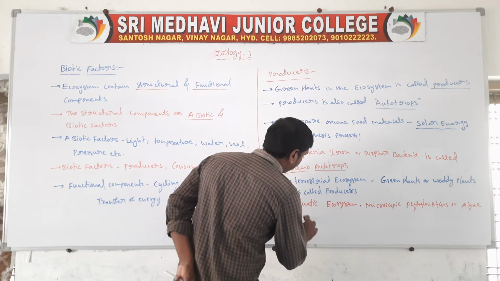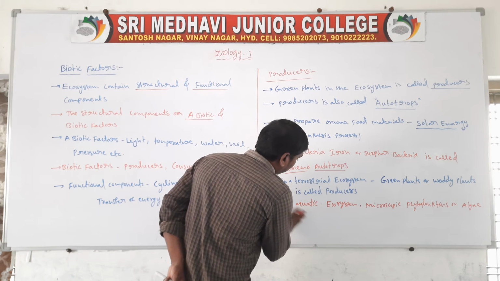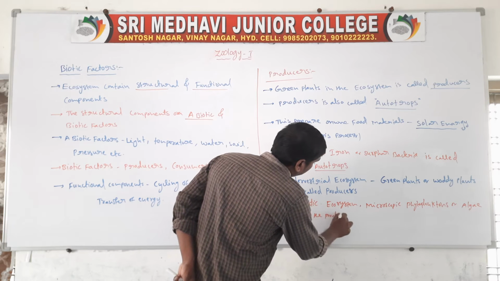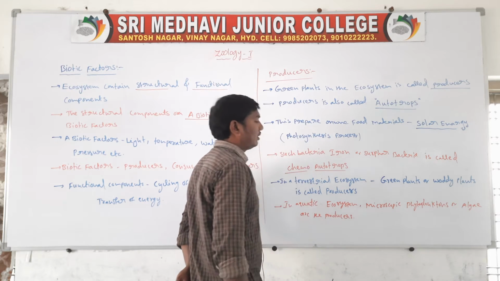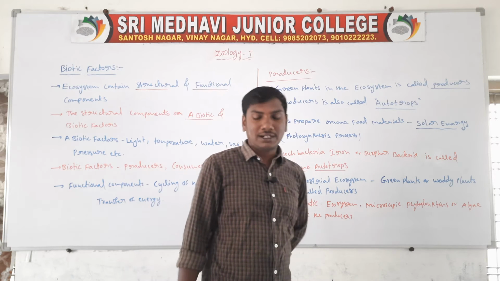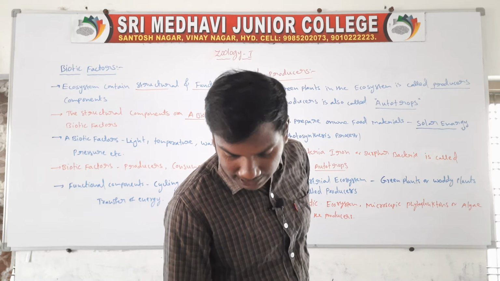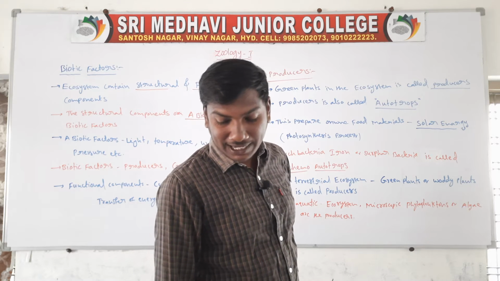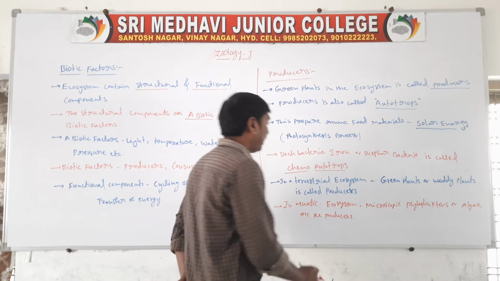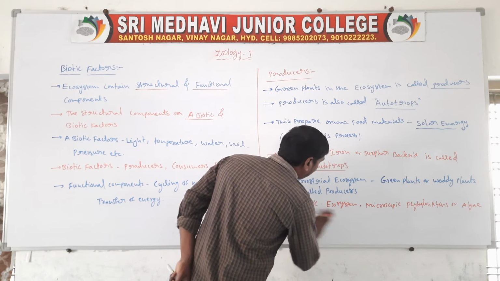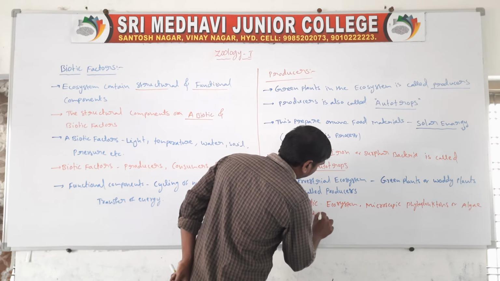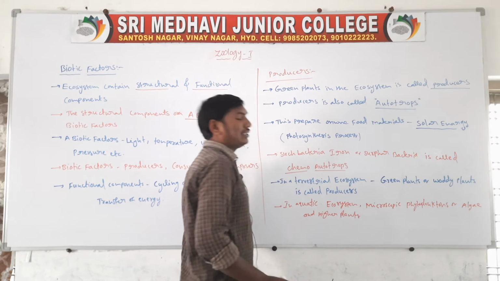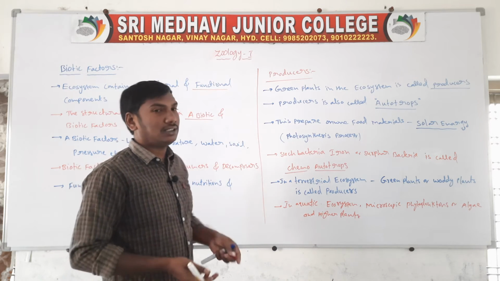Algae are the producers. Microalgae and some higher plants are producers. So they are the producers of the ecosystem.